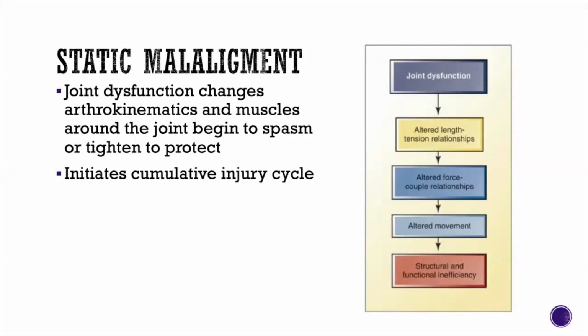When the joint is dysfunctioning, it changes how the actual surfaces of the joints come together and the muscles that are around it. It tightens and spasms, it spasms and then tightens in order to protect that joint. And that's when it is initiating that cumulative injury cycle, and we have to break it.